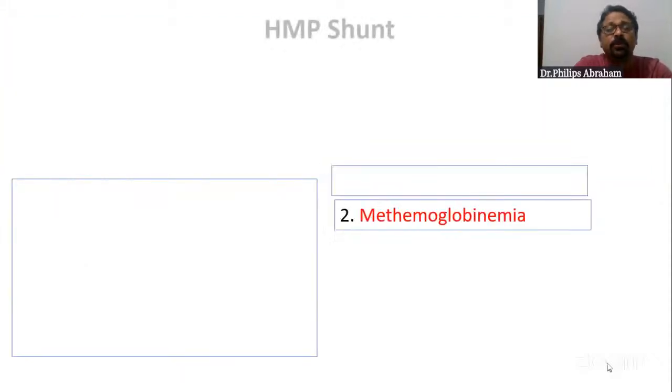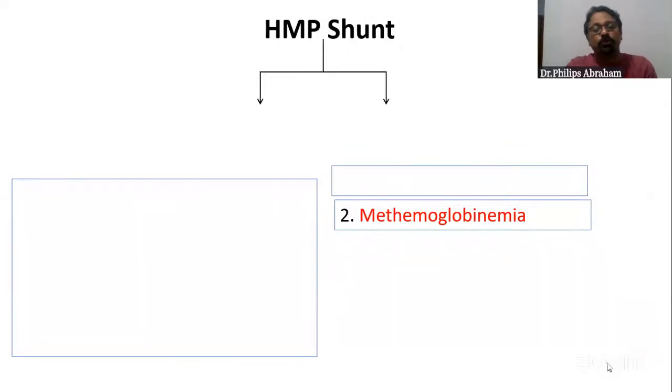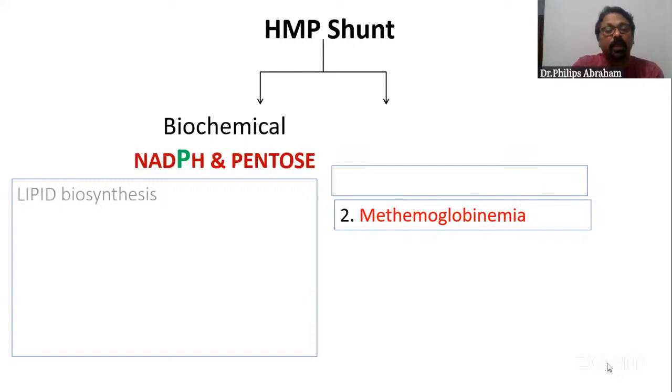Another important part is the use of the HMP pathway. We said earlier that there are two types of significance: biochemical and clinical. Biochemically, we have mainly NADPH and pentose phosphate. This NADPH is used for any reducing steps.